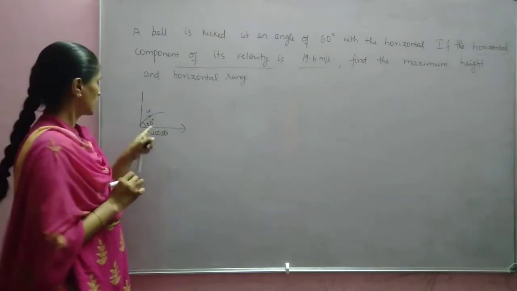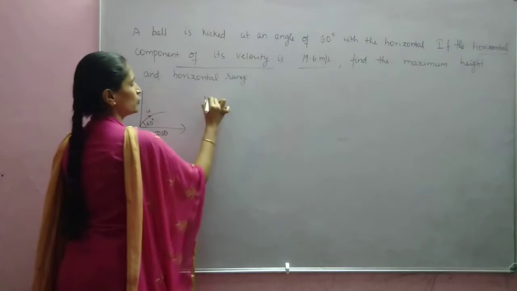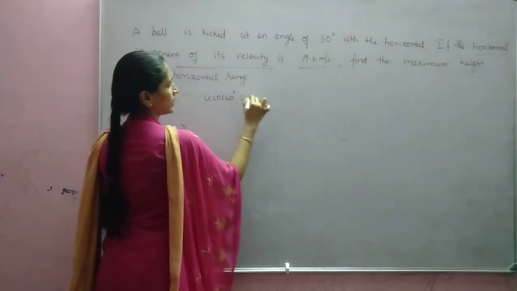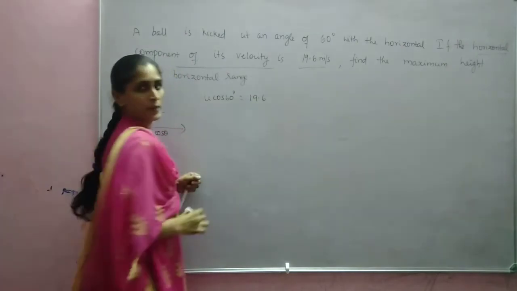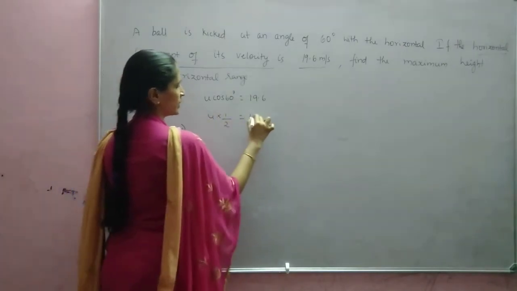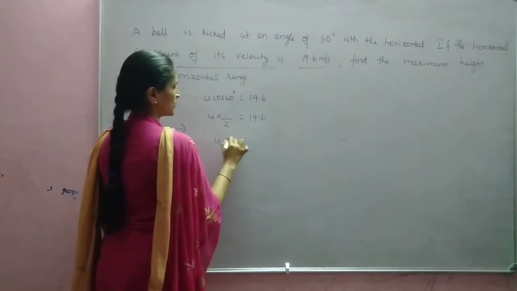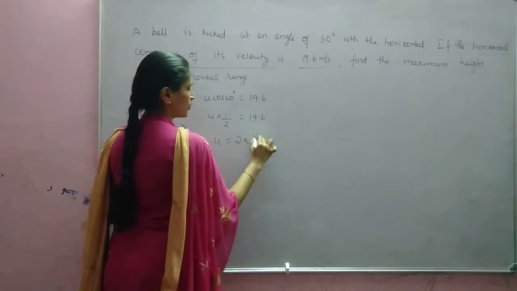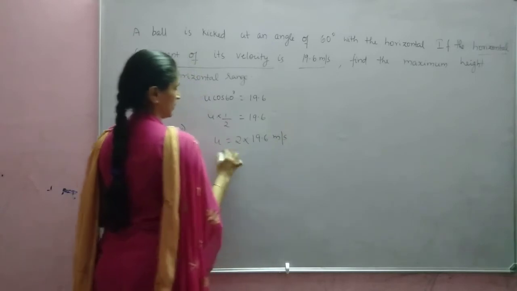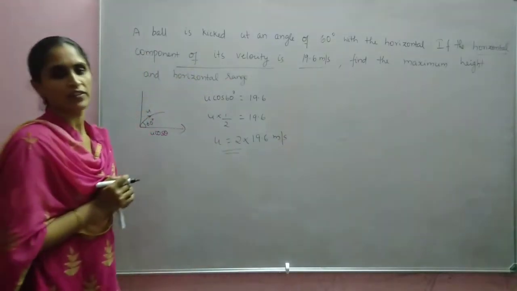So here you can write u cos 60 degree is equal to 19.6, or u into cos 60 which is 1 by 2 is equal to 19.6. So u is equal to 2 into 19.6. Unit is meter per second. Okay. We got the velocity.